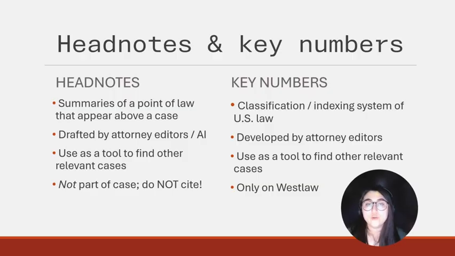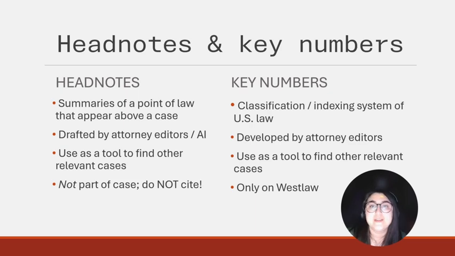So, when court opinions are published, they're published within their respective reporters in chronological order. And then attorney editors on Westlaw organize these opinions by subject and assign a topic and a key number to every legal issue and sub-issue. It's like an index for cases, and they're attached to the headnotes the attorney editors also write.